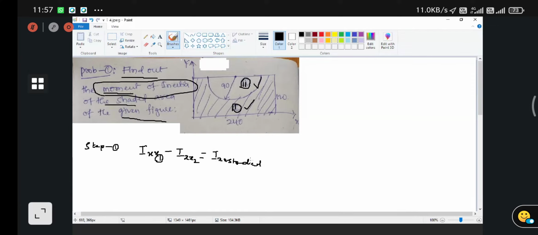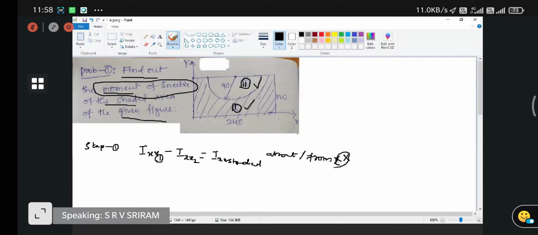But about which axis have they asked? They have asked about the x axis. Here capital X means the base axis. From the base axis, we have to find the moment of inertia for this shaded portion.